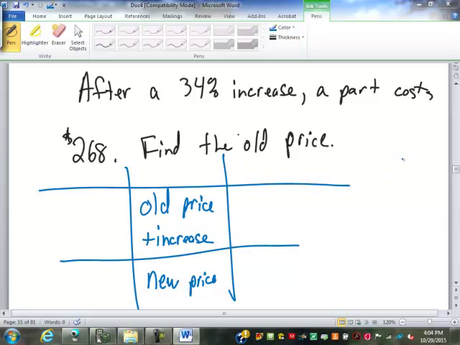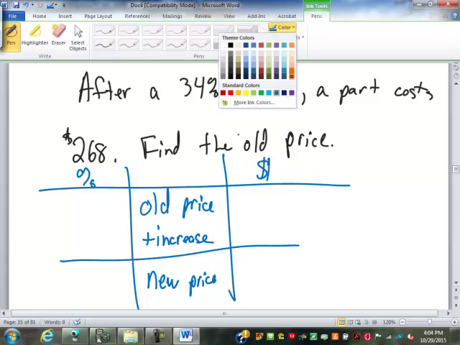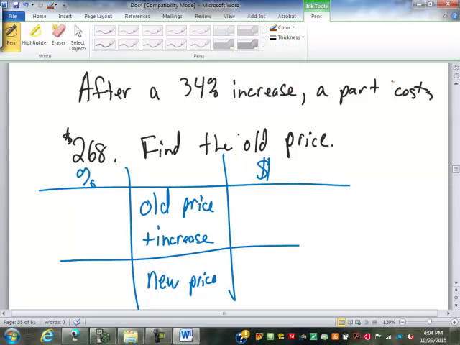And as we've said, in every percent problem, each item is described by two numbers. One of those numbers is a percent, and the other number is either a number or a dollar amount. And in this case, it is a dollar amount. So if we fill in some dollar amounts here, $268 goes where?